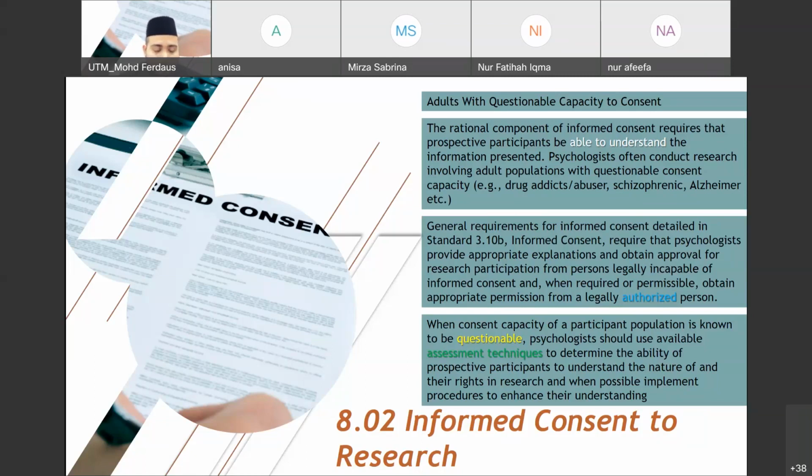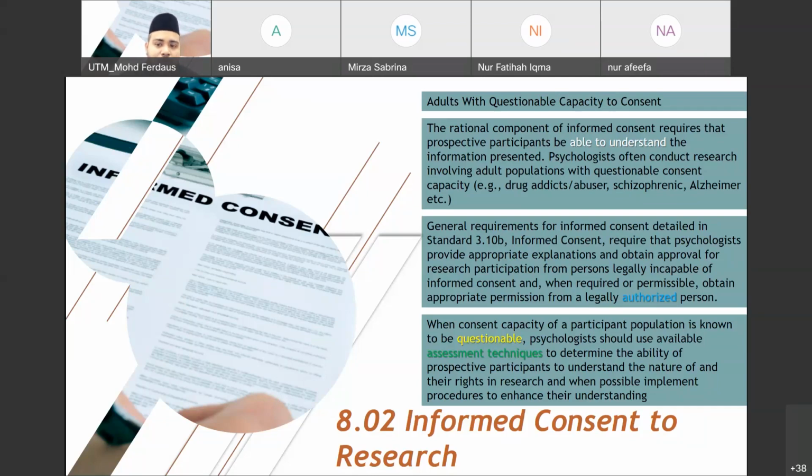However, there are cases when we conduct research where our respondents have special needs, for example people who are schizophrenic, have Alzheimer's or bipolar disorder, or drug addicts who, when under the influence of the substance, cannot think or evaluate clearly. The rational component of informed consent requires that prospective participants be able to understand the information presented.